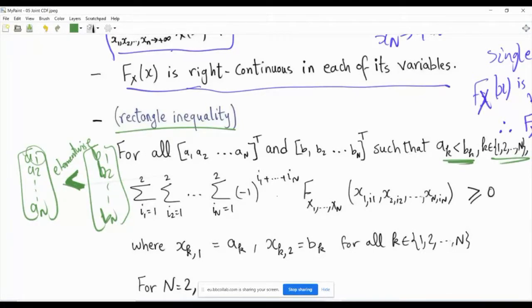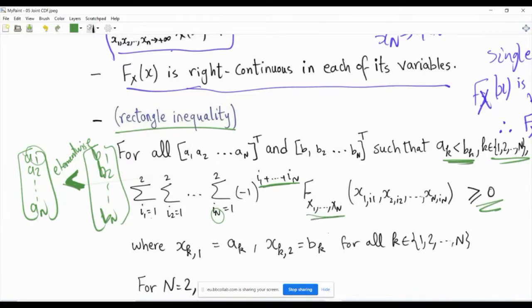Now there is a quantity that should give you something positive. This is the quantity: a summation. How many sums do we have? We have big N sums, and each summation index takes one of two values. Then we have minus 1 to the power of the sum of the indices.